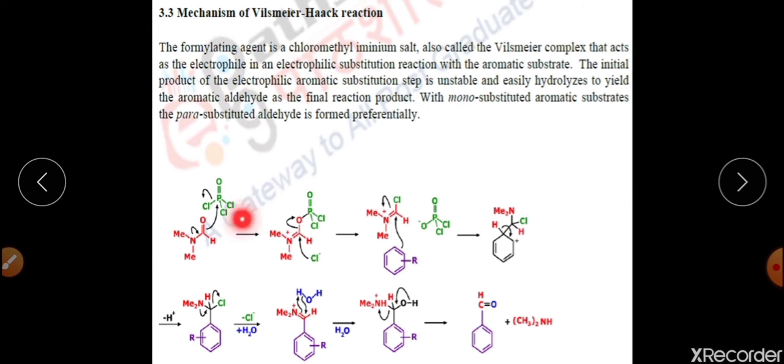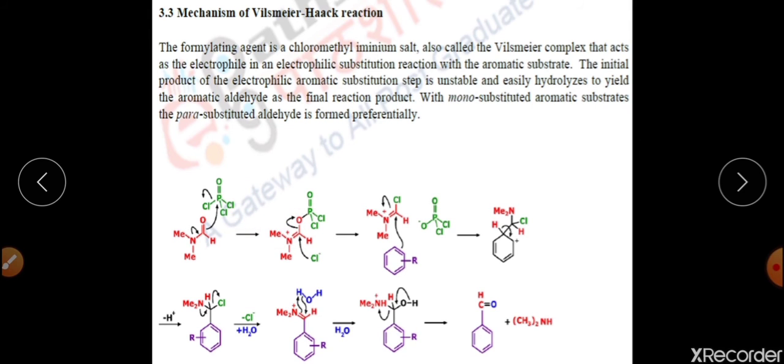The Cl negative which is eliminated from this step will attack on this particular carbon containing double bond N, and nitrogen is carrying the positive charge, and after its attack this oxygen will be eliminated out.